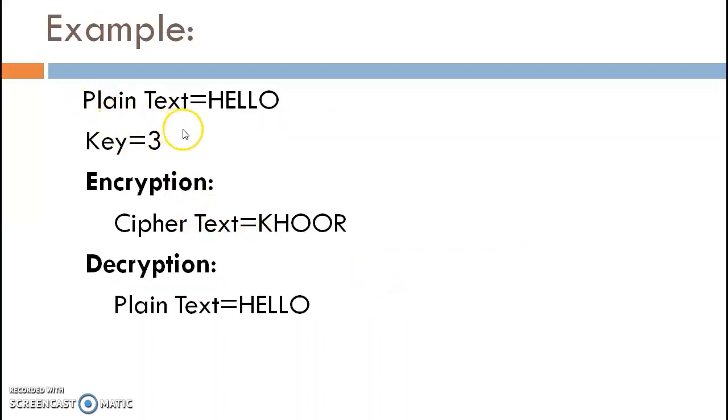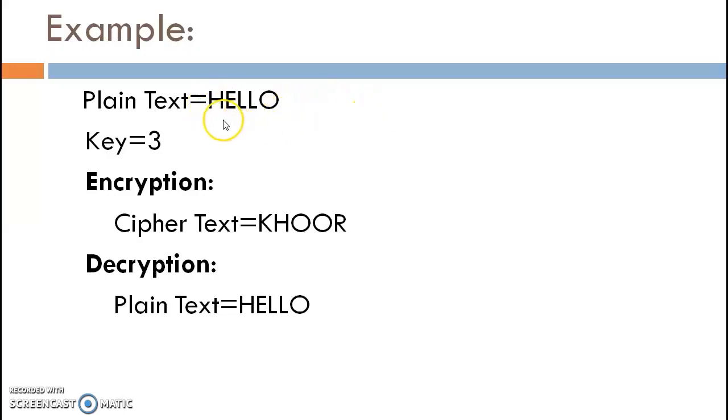Now an example. Consider the plain text equals HELLO and key equals 3. For encryption we add the plain text letter with the key value and take the modulo 26 of the result. Our first plain text letter is H, so we compute H plus K modulo 26.